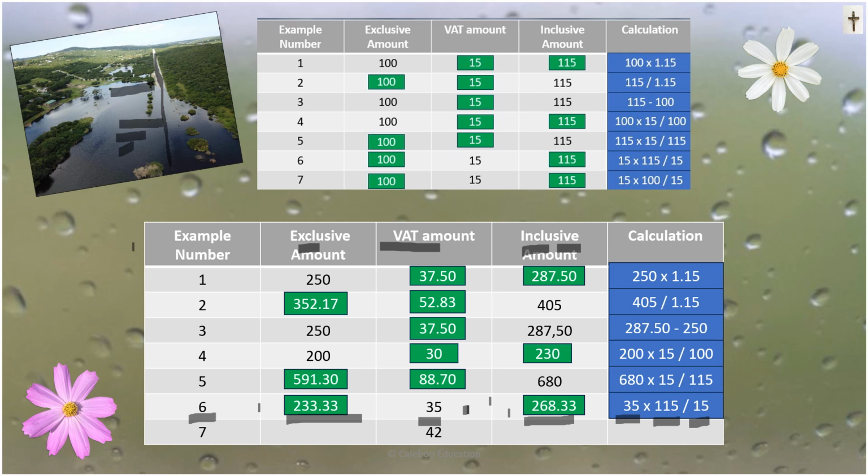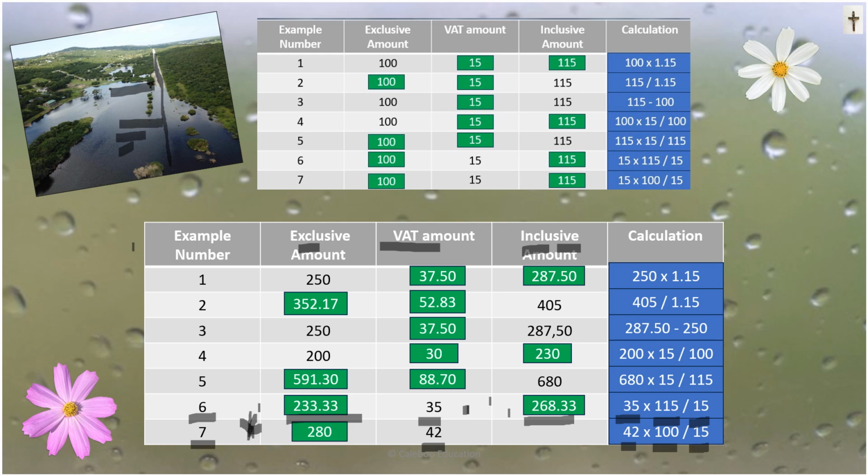Then in number 7, the last one on the slide, we're given the VAT amount. First of all, I want to calculate the exclusive amount, which we let be 100%. So we say the VAT amount, back to 100%, divided by the VAT rate.